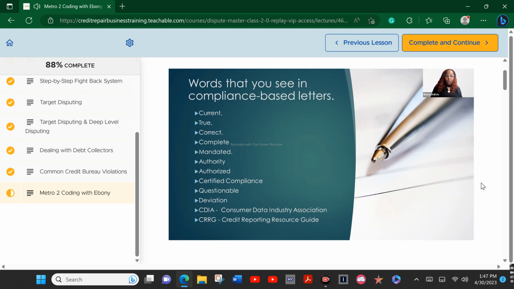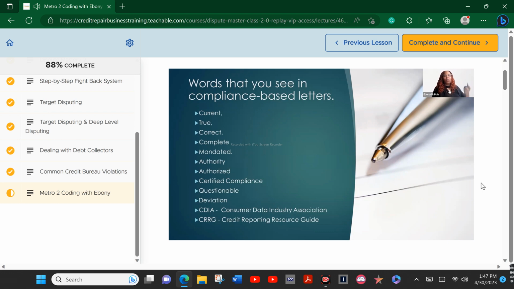It doesn't mean those are the only terms. You'll see verifiable, validated, all the things that you see in dispute letters too. But I just want to bring to your attention that you're going to see these things in there, and they're going to be used very aggressively, very matter of fact. It may sound like somebody's really upset in these letters, because they are very aggressive. I want to expose you to some of the terminology that you would see in those letters.